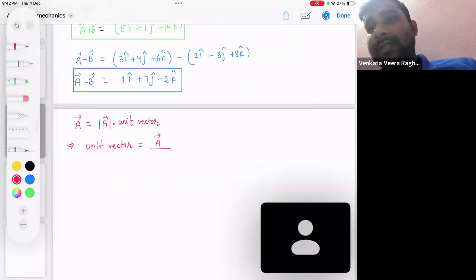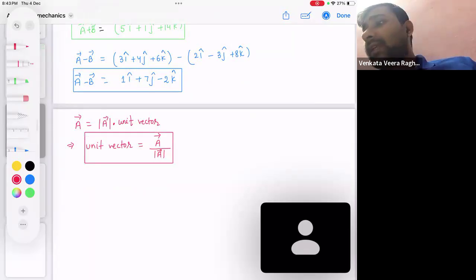If I have a vector A and I divide it by the magnitude of that vector, it gives me the unit vector. If we divide a vector by its own magnitude, that gives us a unit vector.